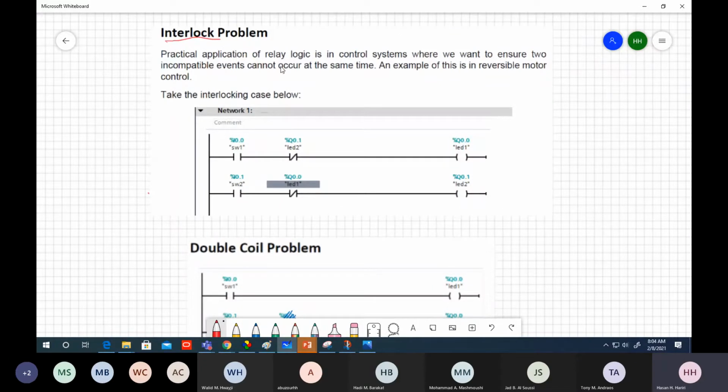So a practical application of relay logic or ladder diagram is in control systems where we want to ensure two incompatible events cannot occur at the same time.